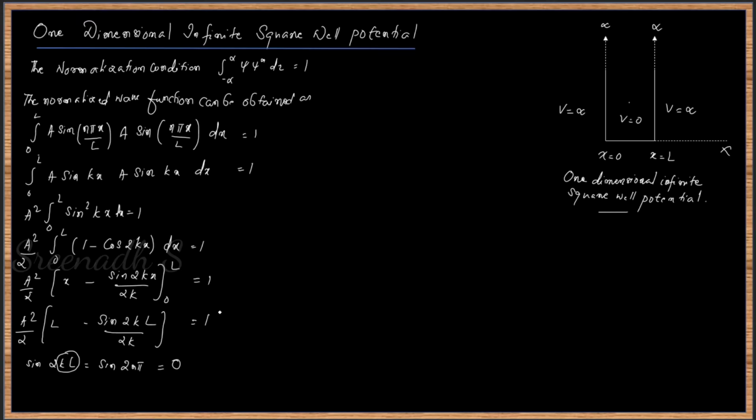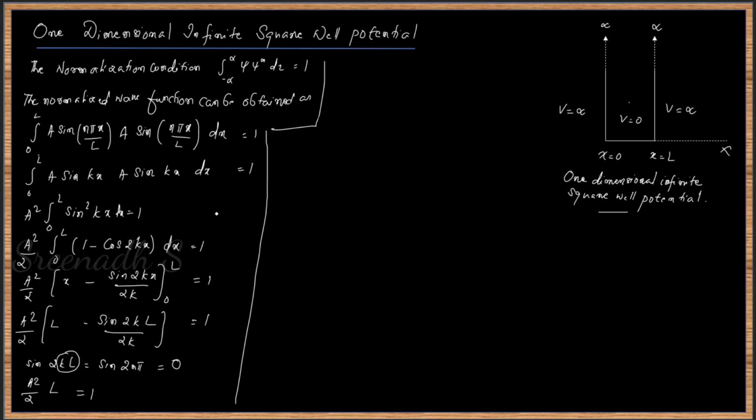So what will be the remaining? A square by 2 into L is equal to 1. So a square L by 2 is equal to 1.